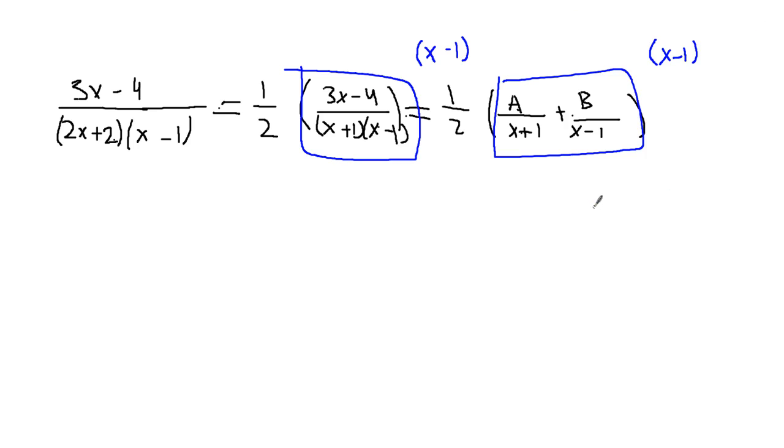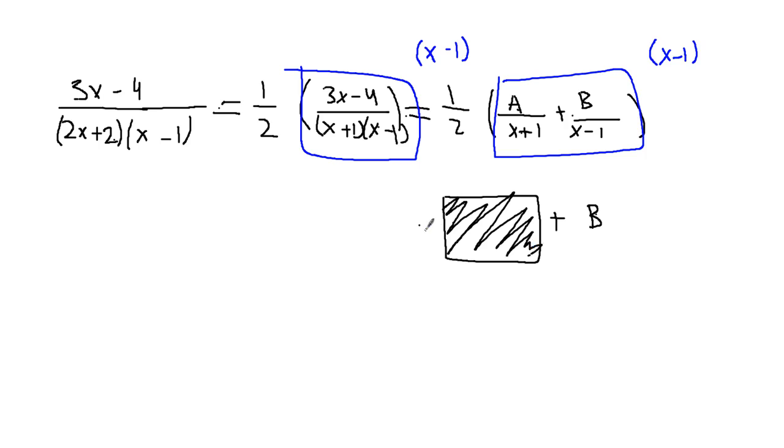This will be b plus whatever this is. We don't want to know what this is. This is covered up, equal to 0.